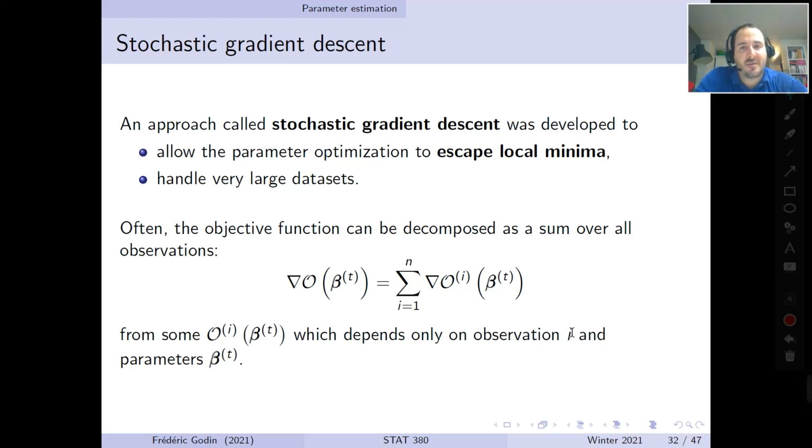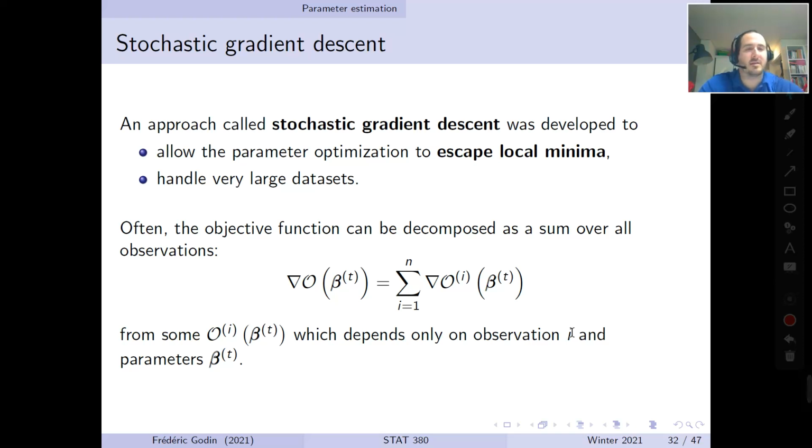So an alternative that was developed is called stochastic gradient descent. Okay, so this method, we're going to see, has the advantage of allowing the parameters to escape local minima when they are trained, and moreover, it can handle very large data sets. So this is very positive.